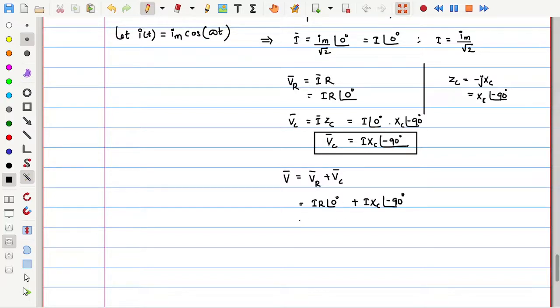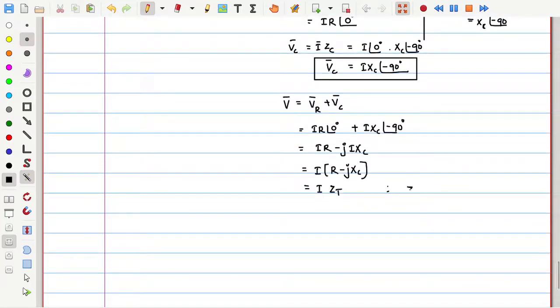Now as because it is addition, I will try to prefer in rectangle form, that is IR at an angle 0 is equal to simply IR, and IXC at an angle minus 90 I can write minus J IXC. Now I can be taken common, so you can see this as R minus JXC, where R minus JXC can be written as ZT, total impedance of the RC circuit, and where, let me write, ZT is what? R minus JXC.